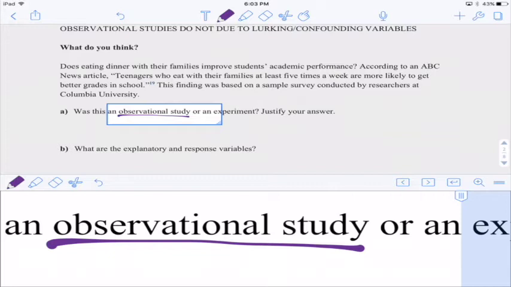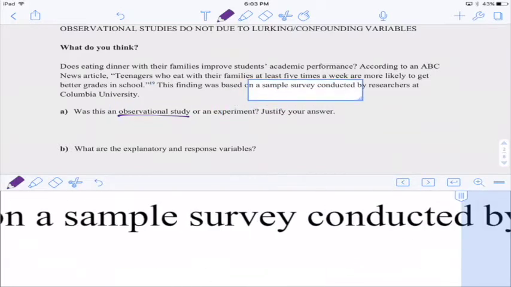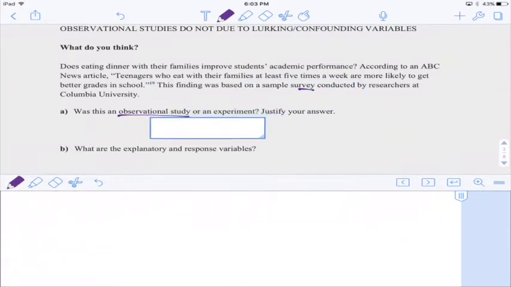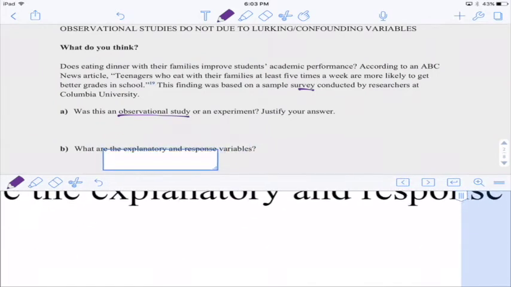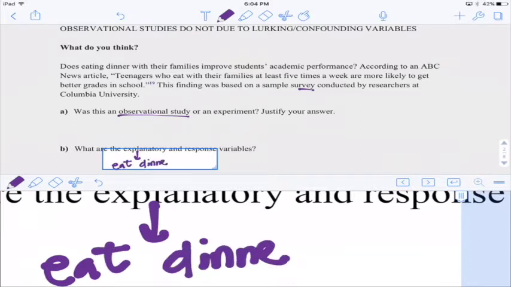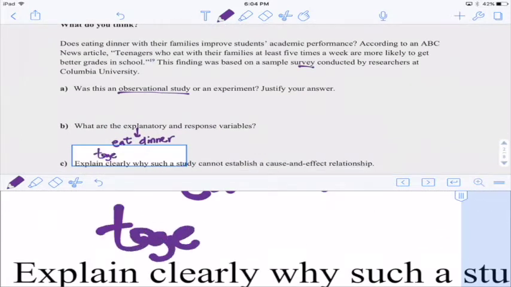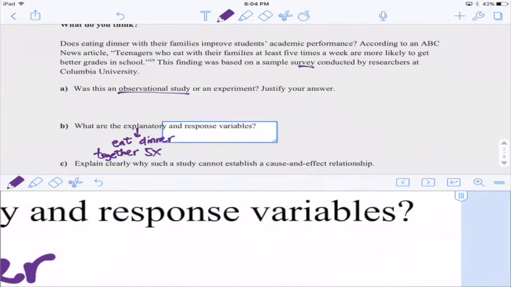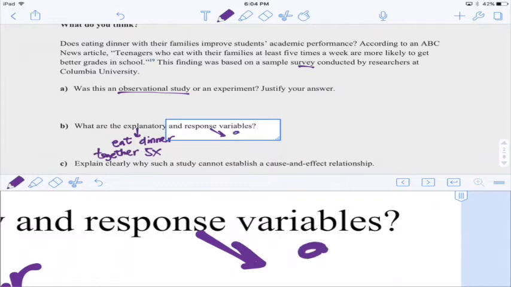They just sent out a survey, so they did not try to control for these lurking variables. The explanatory variable was eating dinner together 5 times a week, and the response variable was the student's grades.